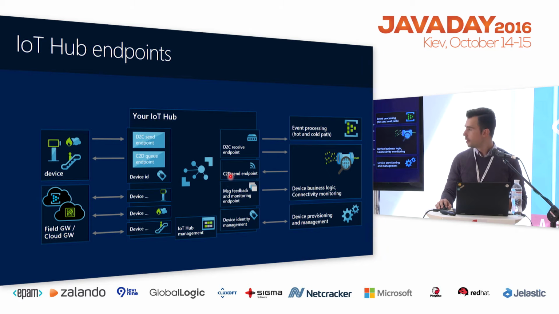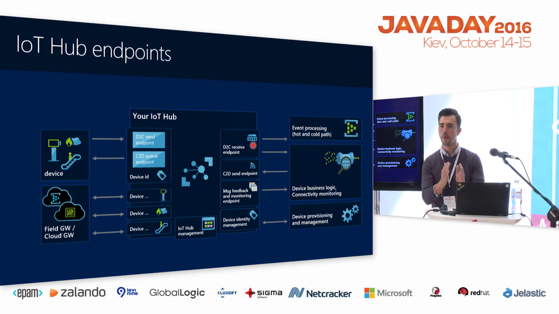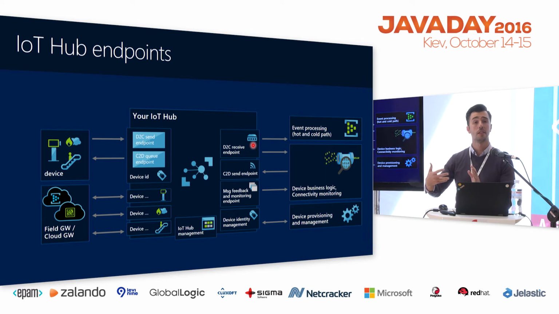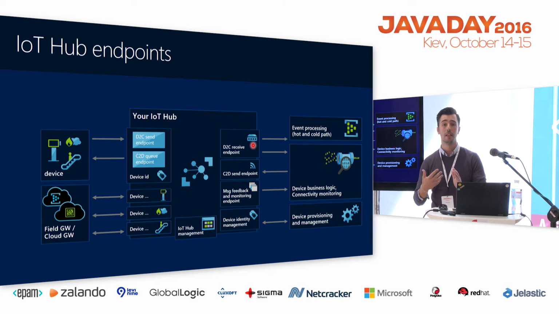The other part of the SDKs are related to the cloud endpoints. So you have the IoT Hub, and behind it you have all the cloud features and services that are taking information from there so that they can adapt and ingest all this data that's coming from the devices.